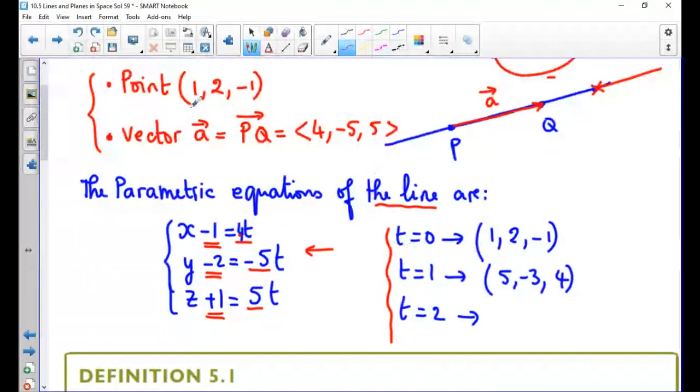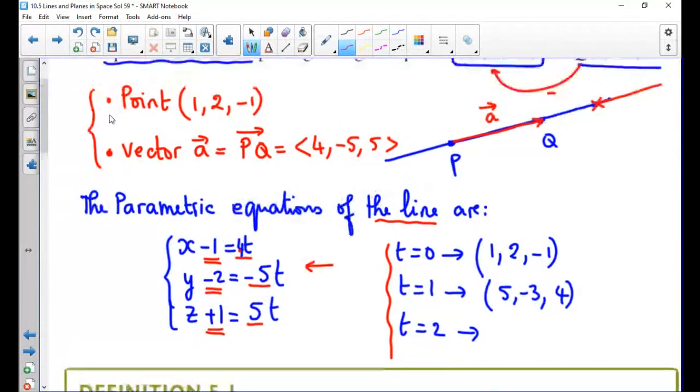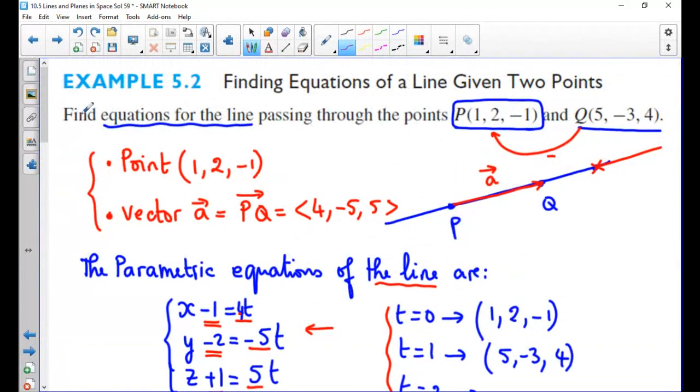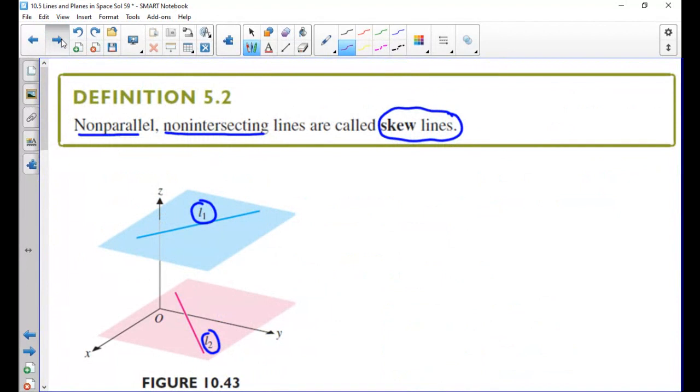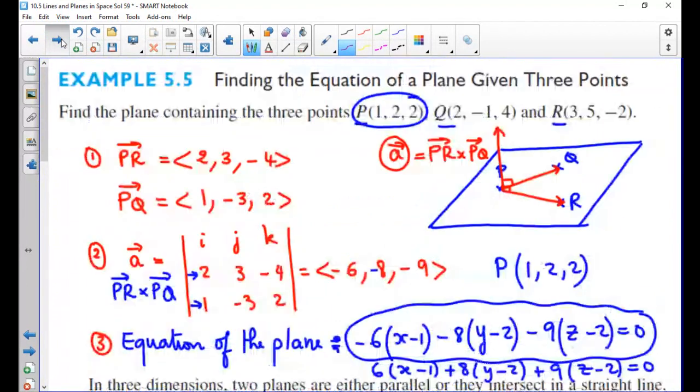X minus x1 equal a1t. Y minus y1 is a2 times t. Like that.